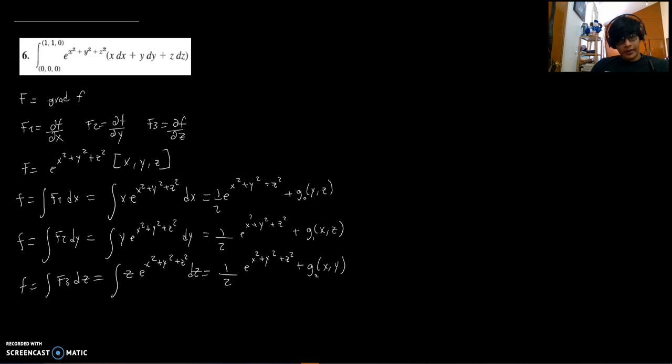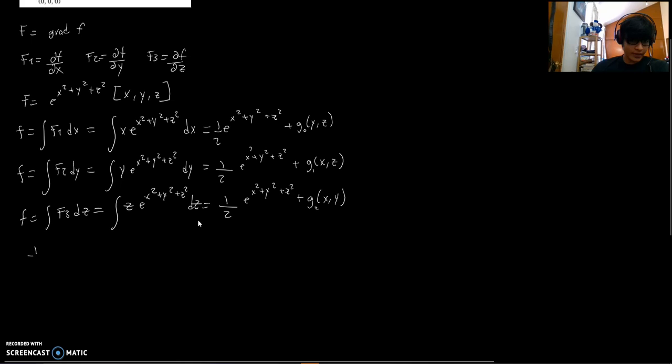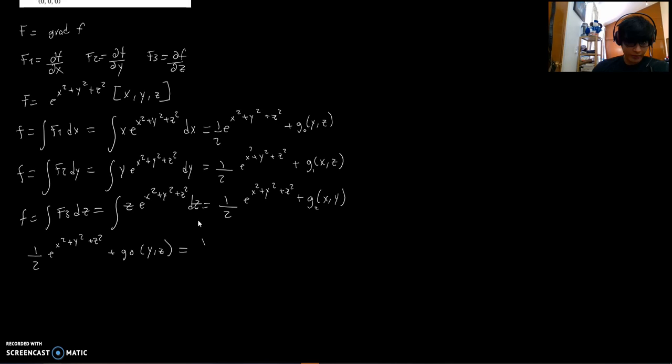Well, now if this is true, then 1/2 of e^(x² + y² + z²) plus g0 depending on y and z will be equal to 1/2 of e^(x² + y² + z²) plus g1, and so on.